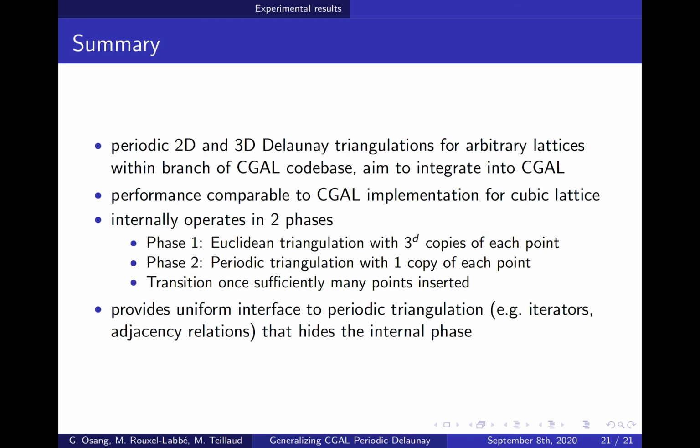Internally, our algorithm operates in 2 phases. However, to the user, we provide a uniform interface which pretends they're always dealing with a periodic triangulation, and the internals are hidden. They can just access the periodic triangulation, the equivalence classes, adjacency relations, and incidence relations.